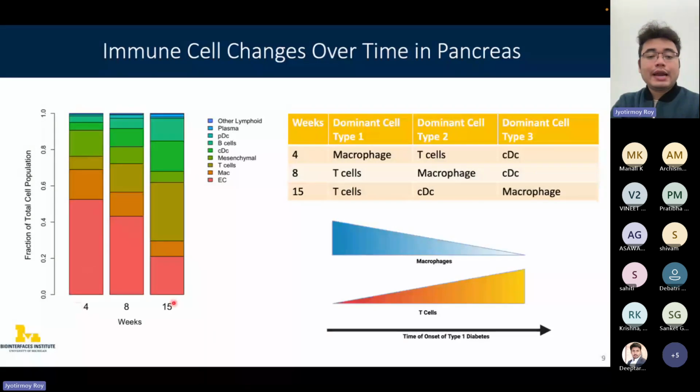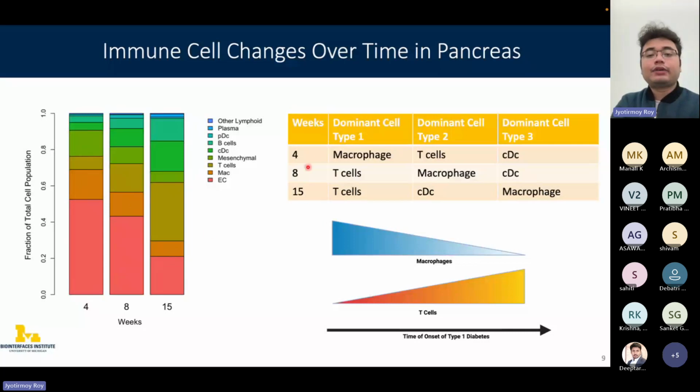As we move from 4, 8, and 15 weeks, the T cells, shown by this particular green color, increase over time, whereas the macrophages, shown in the yellow ochre shade, are more in population in the early phase, slightly decrease at 8 weeks, and around 15 weeks undergo further shrinkage.